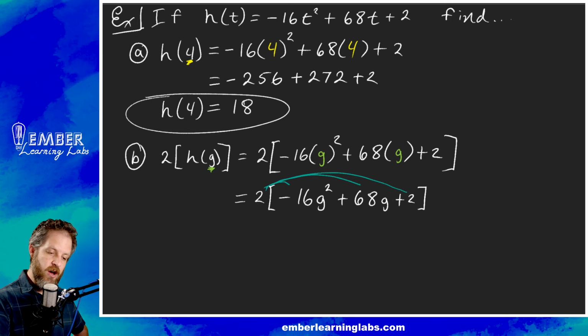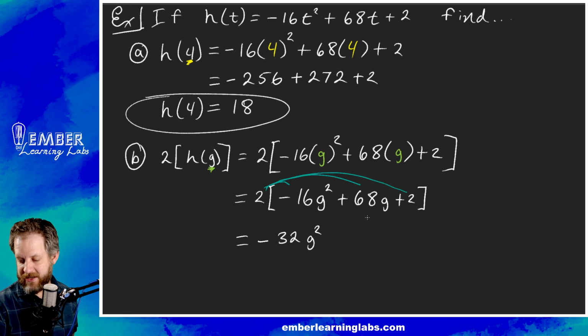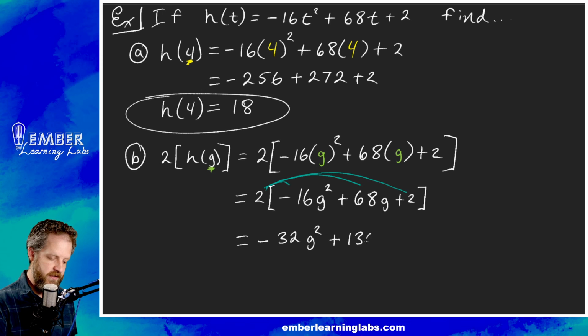So 2 times negative 16g squared is negative 32g squared. And then 2 times 68g is 136g. So plus 136g.